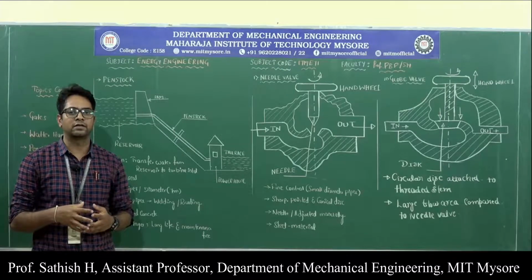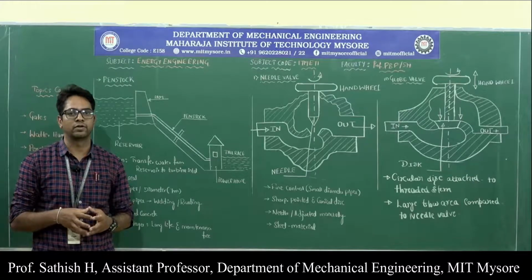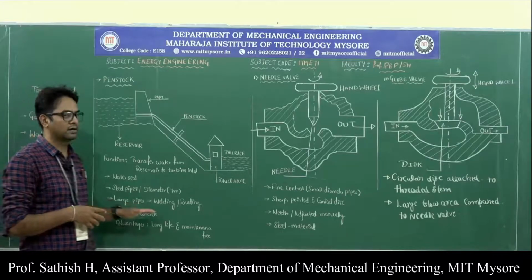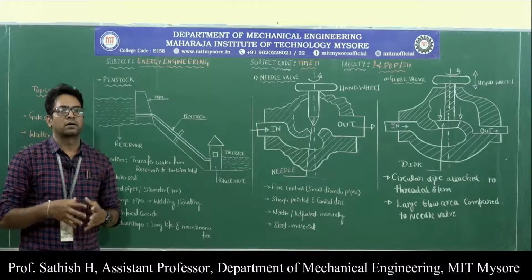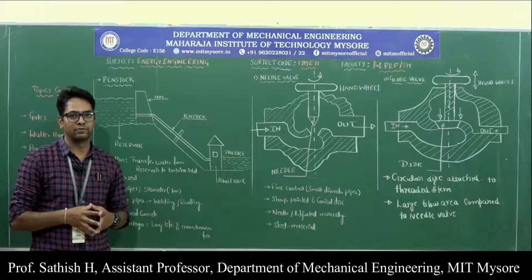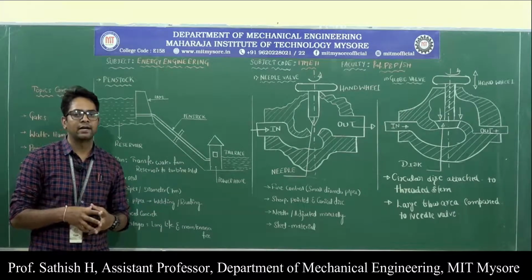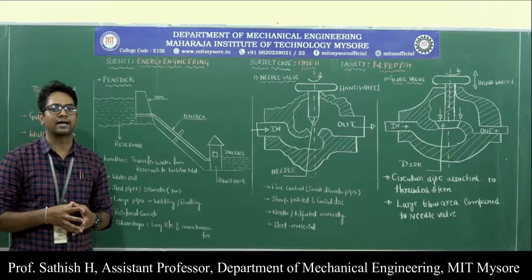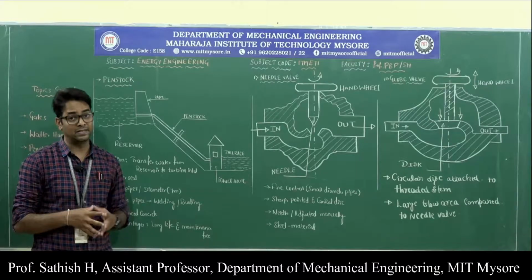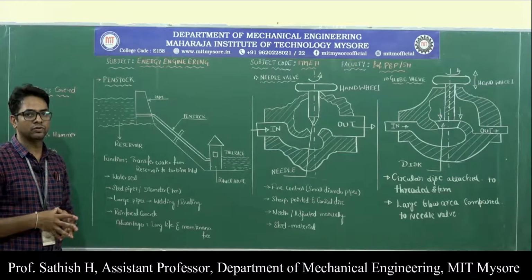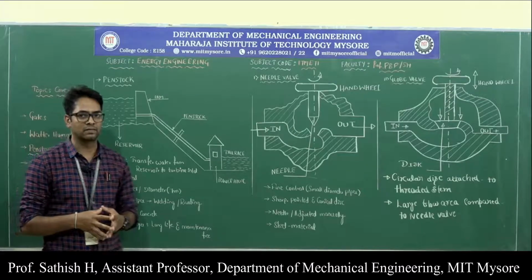Sometimes the diameter of a penstock is about 7 meters. Large pipes are manufactured by welding or riveting, and concrete can also be used to build such large-sized penstocks. Reinforced concrete can be used to build these bigger-sized penstocks.